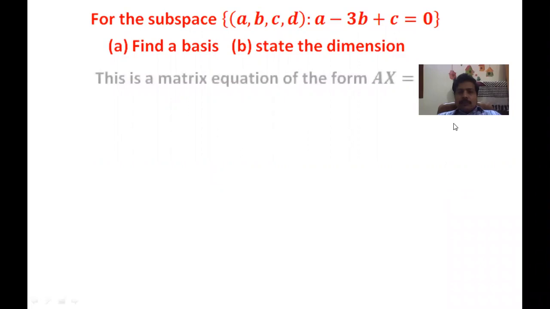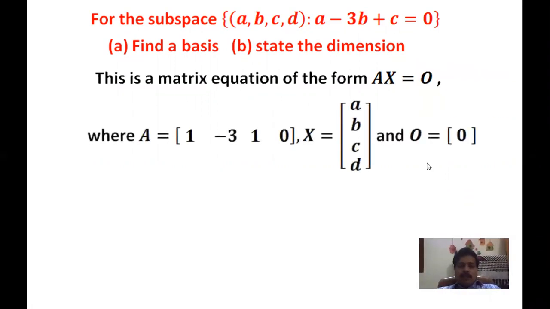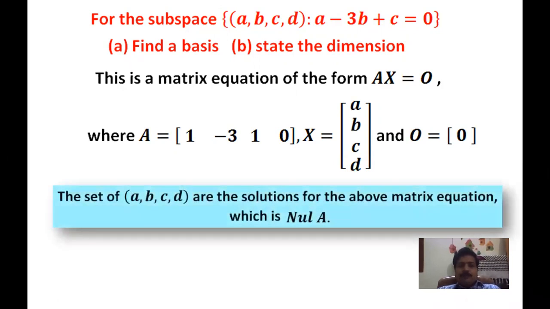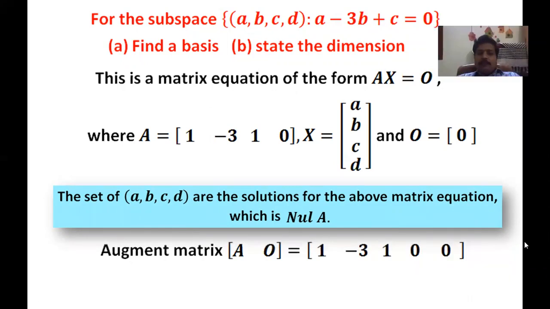So this is a matrix equation of the form Ax = O, where A = [1, -3, 1, 0], x = (a, b, c, d), and O = 0, a 1 by 1 matrix or a scalar. So this set of (a, b, c, d) are the solutions for the above matrix equation, which is null A. Again, we need to find null A. So this is the augmented matrix [A | O]: 1, -3, 1, 0, and 0.